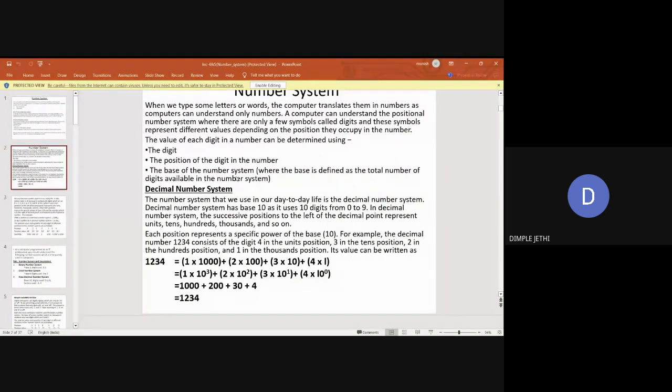Whatever number you make, any number in million, trillion, it will be made using 0 to 9 only, right? So in the whole decimal number system you will use 0 to 9 only. In the decimal number system we use 0, 1, 2, 3, 4, 5, 6, 7, 8, 9. These are the total 10 digits we can use, right? So the number system we use is the decimal number system. The base is 10 and it uses 10 digits.